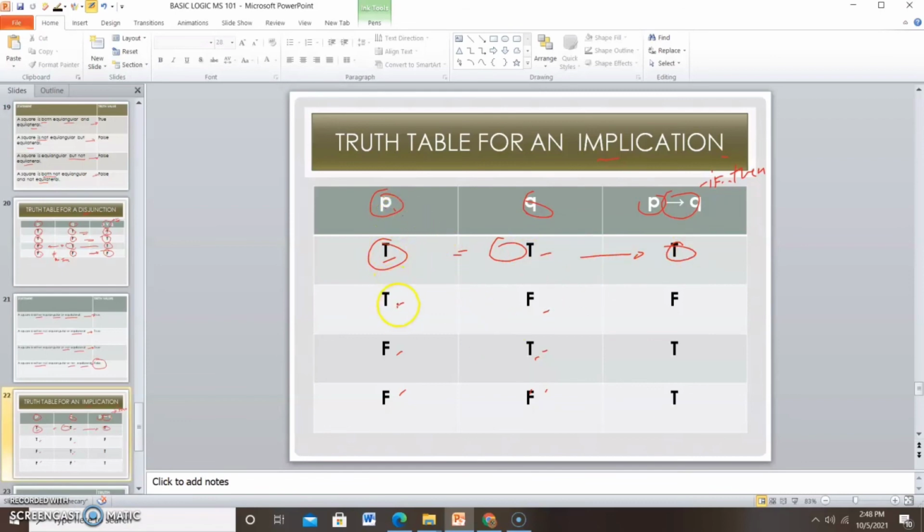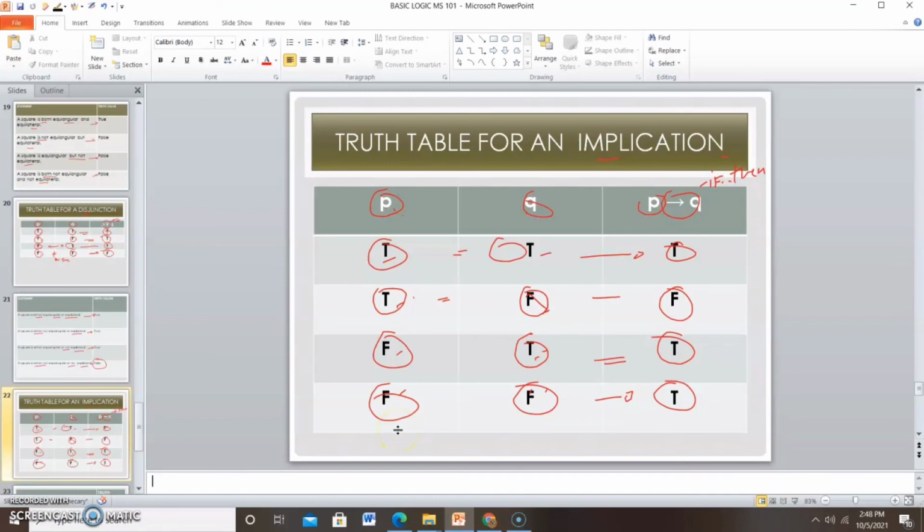But when P is true and Q is false, not the same, the implication is automatically false. But when P is false and Q is true, the implication is automatically true. Likewise with two falses, that is true in implication. So that is one example of a truth table in implication.